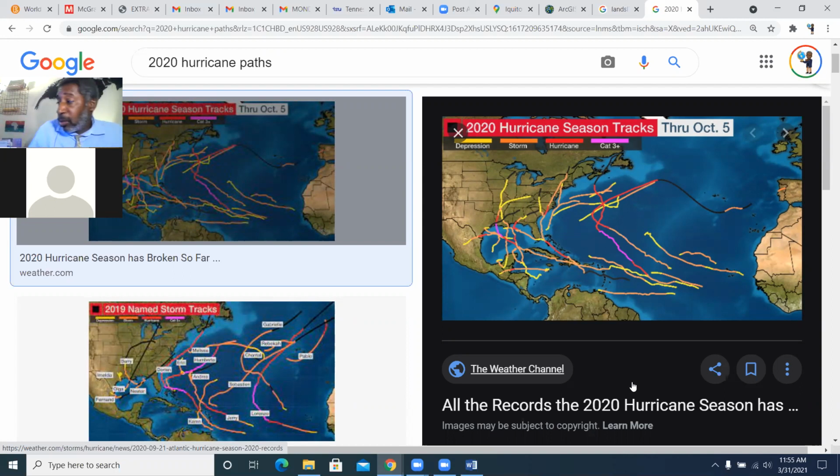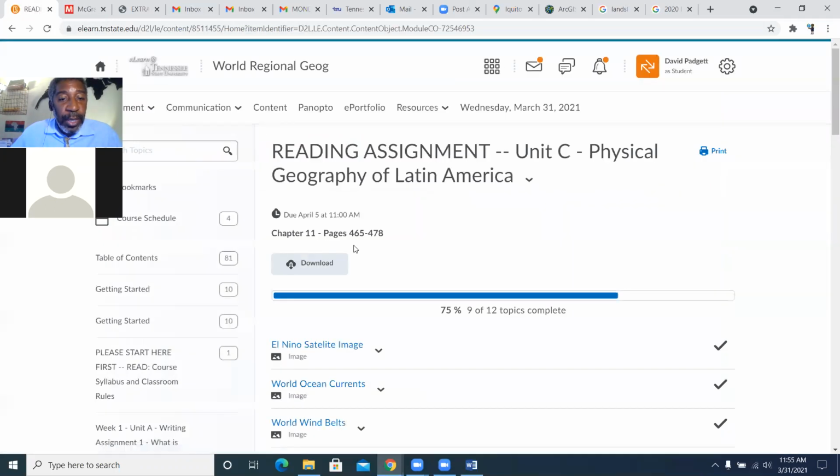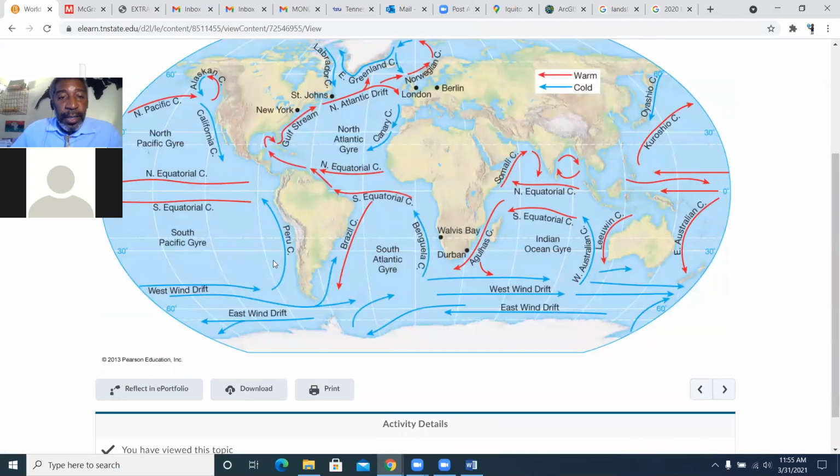Under ordinary circumstances, the west coast of South America is influenced by the Peru current, which is a cold current, which brings cold water from the Antarctic region north along the west coast of South America, because that is the norm.